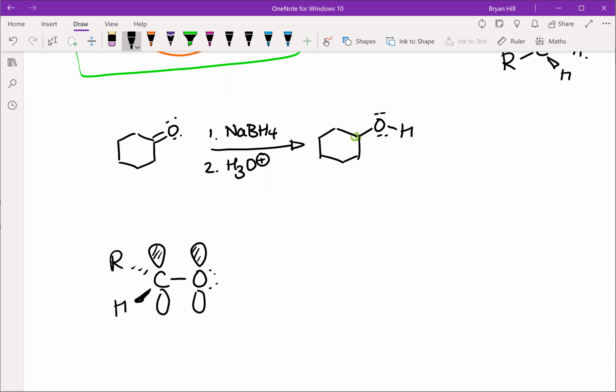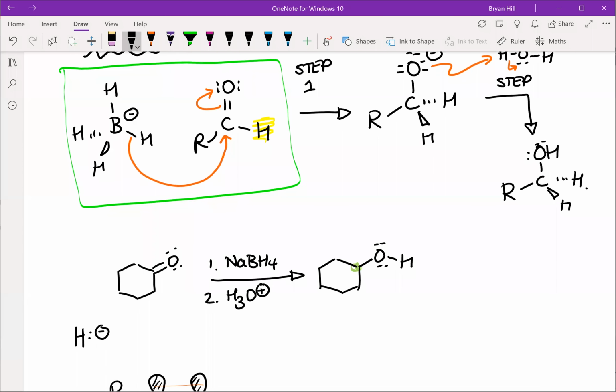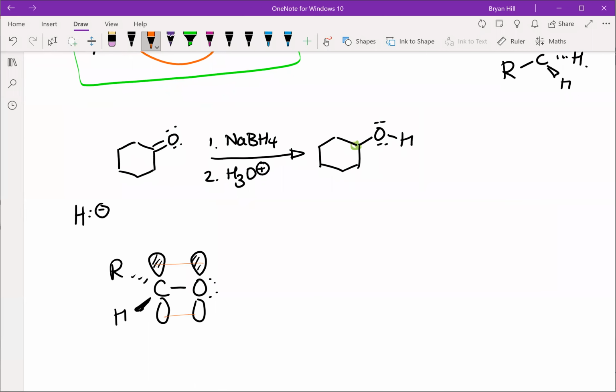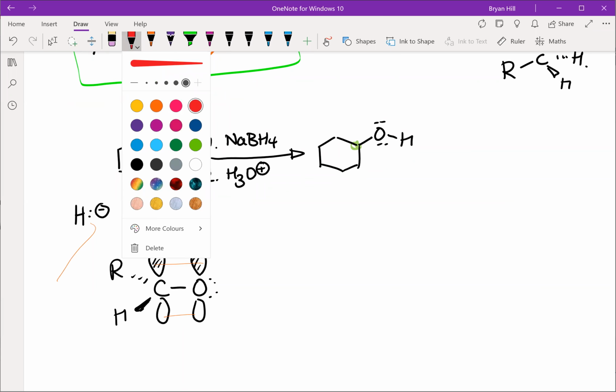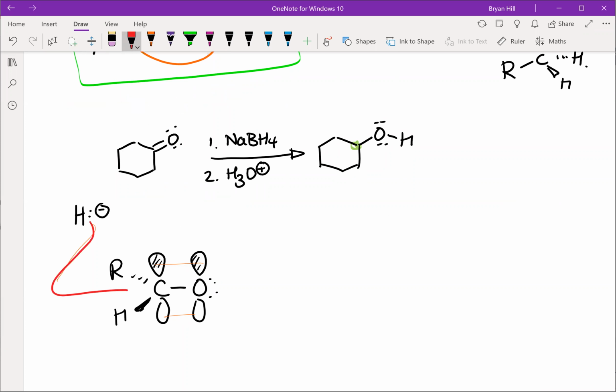So we've got a pi bond, and remember, we're breaking the pi bond. So we've got our hydride coming in to attack. The way that I've drawn this diagram up here, where I've got this orange arrow going between the R group and the hydrogen, it might give the impression that this is attacking in a fashion like this, drawn in red. But in fact, that's not the way it's attacking at all.